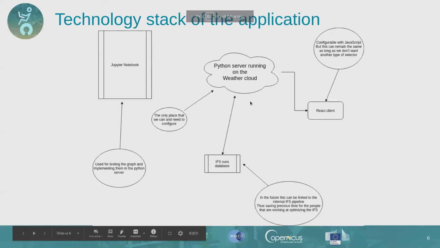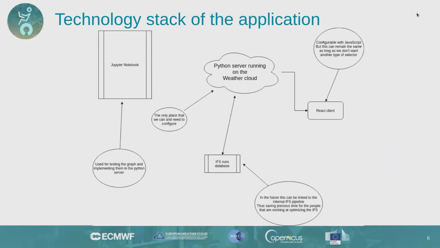Let's continue with the slides. So how have I done it? Like I said, the way that the application should work was a very big problem for me. So I have a Jupyter notebook that we use for testing, for prototyping. We're creating stuff in there.